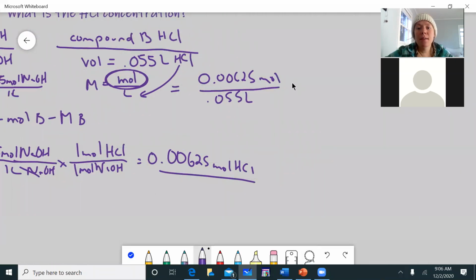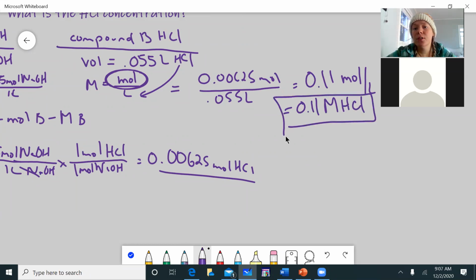And this equals 0.11, so we'll just go with 0.11 moles per liter, or that's the same thing as saying 0.11 big M, specifically of HCl.